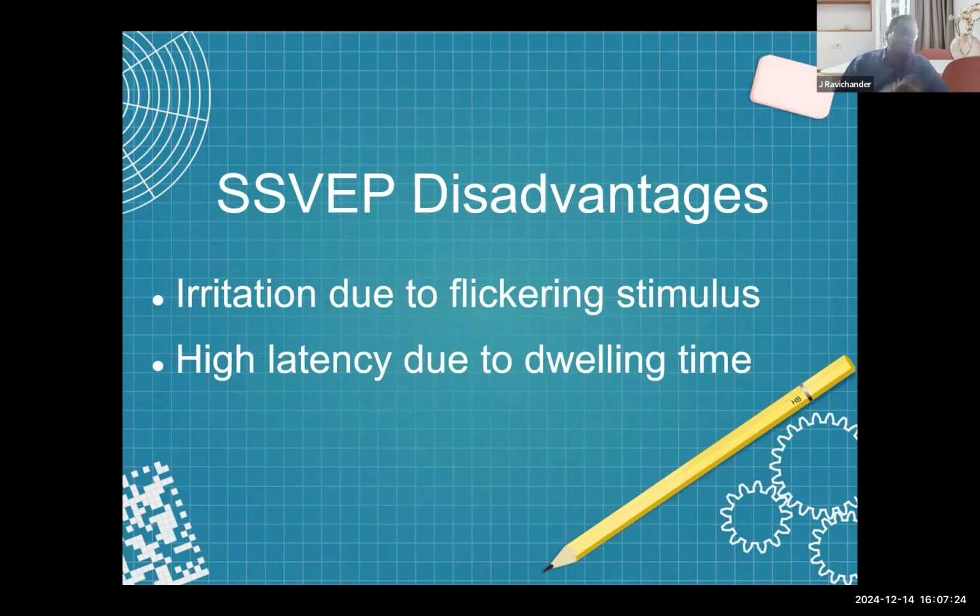Only patients use these brain-computer interface devices. If a patient sits in front of that flickering machine, what will he feel? Usually he feels irritated. That is one major disadvantage of the SSVEP paradigm, and also high latency.